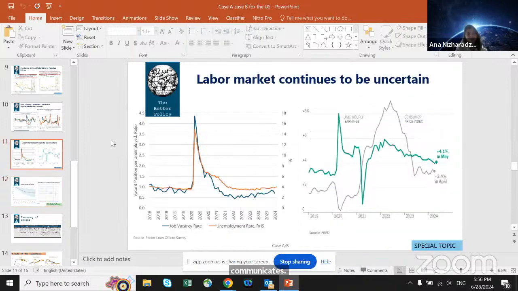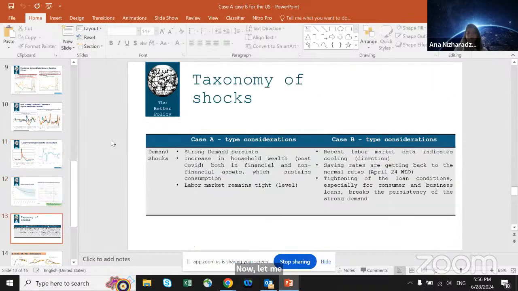Now let me, as a final note, briefly analyze our case A and case B scenarios, starting with case A. Given that there are these demand side pressures, we think that the strong demand may persist, and the strong demand will be followed by a solid household balance sheet.